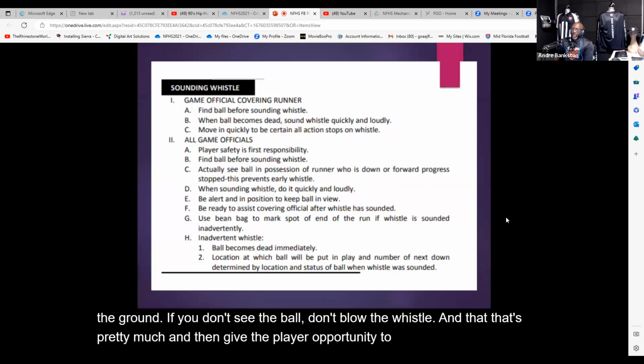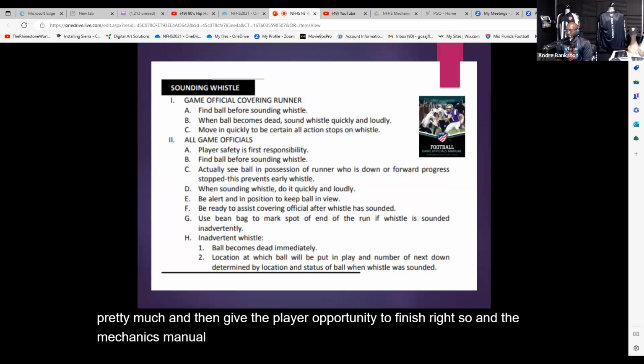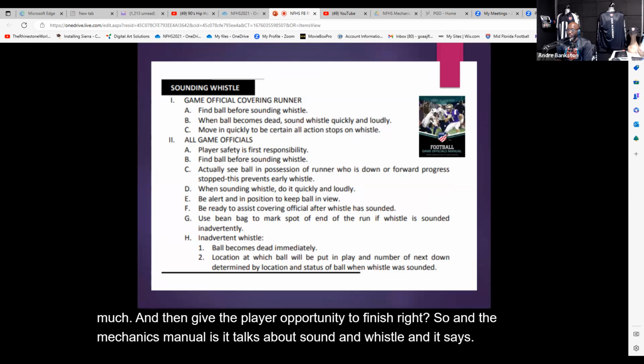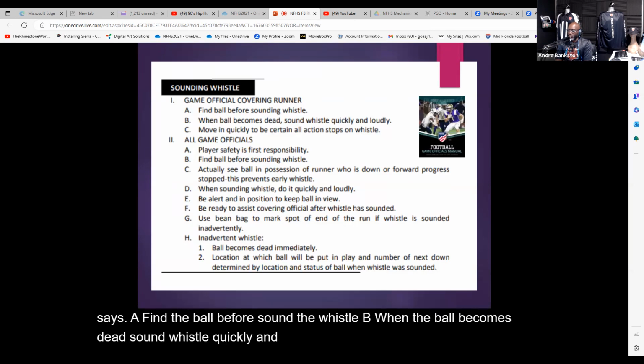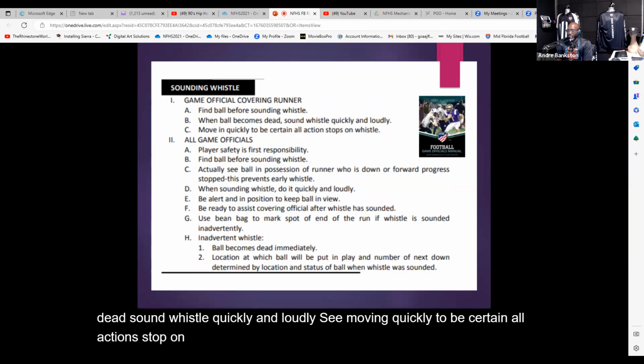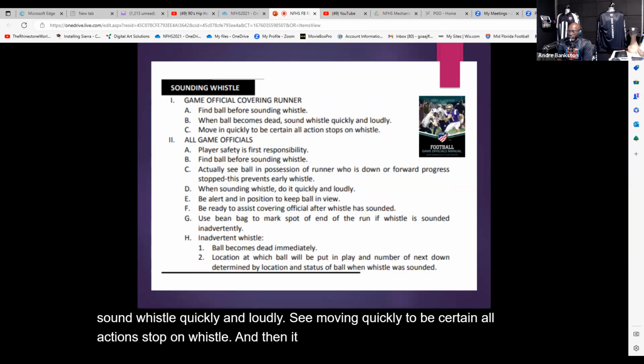So the mechanics manual talks about sounding the whistle. A, find the ball before sounding the whistle. B, when the ball becomes dead, sound the whistle quickly and loudly. C, move in quickly to be certain all action stops on the whistle. And then it says all game officials, player safety is the first responsibility.